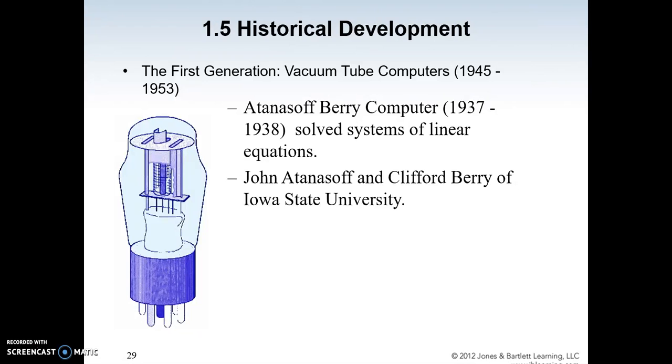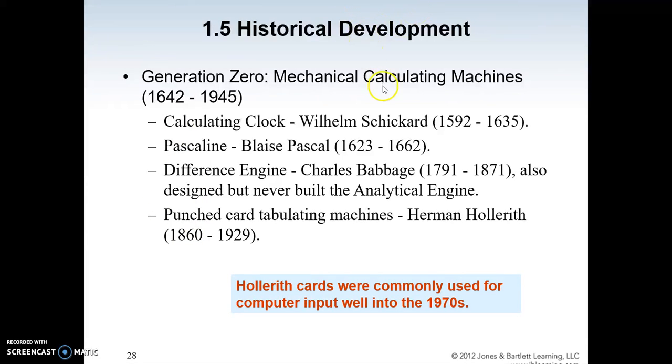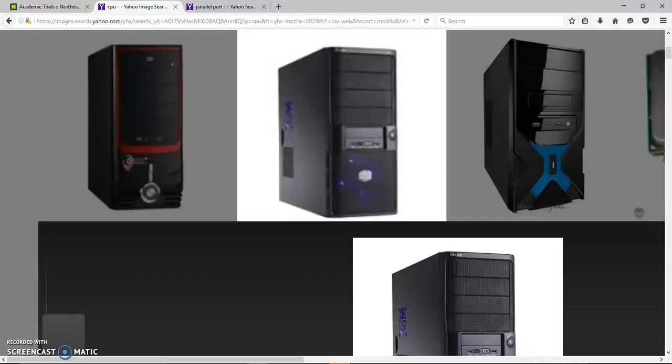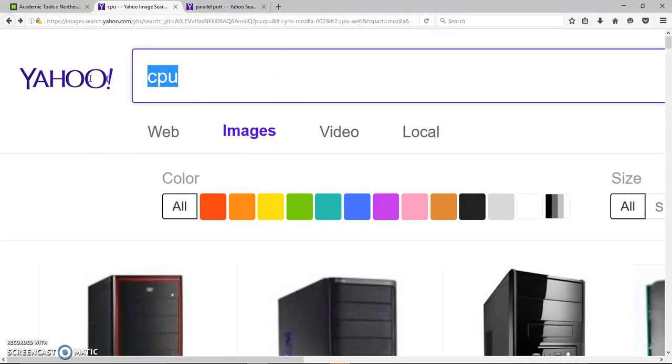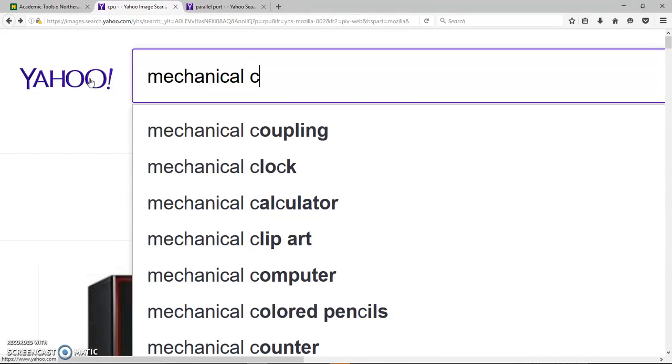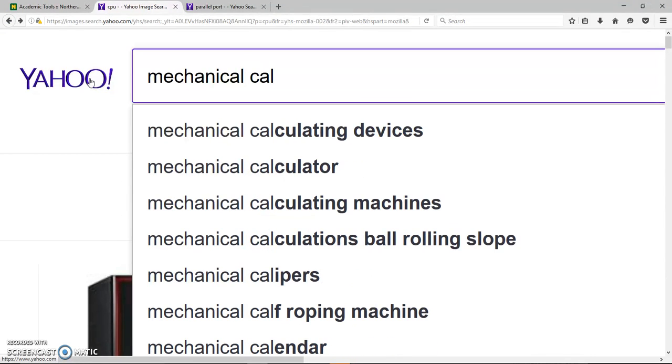And then it comes to the first generation. So let's look at the image of this machine. It's mechanical, like an engine in your car.